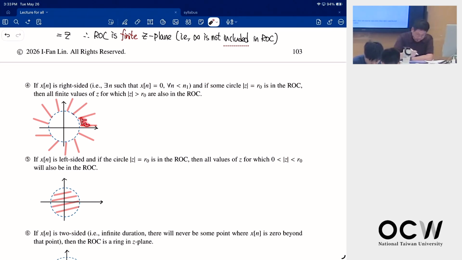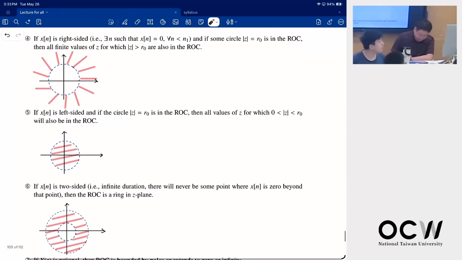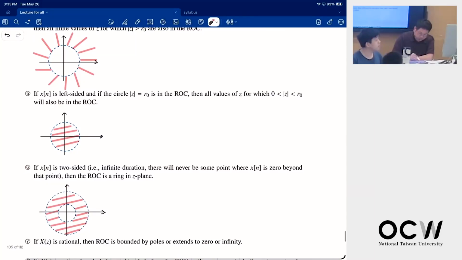This is R0. If the signal is left-sided, then it should be inside. And if the signal is two-sided, then it's like a donut, or we said it's a ring.